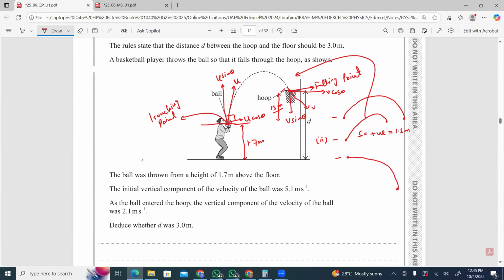And for this third case, actually the distance always comes out to be negative. So if I had this kind of situation, my displacement will always be negative. And if I say that the displacement is coming out to be minus 1.5, it means that from the launching point, the ball is at 1.5 meter below the launching point. Okay, that is actually the meaning of negative displacement and positive displacement.